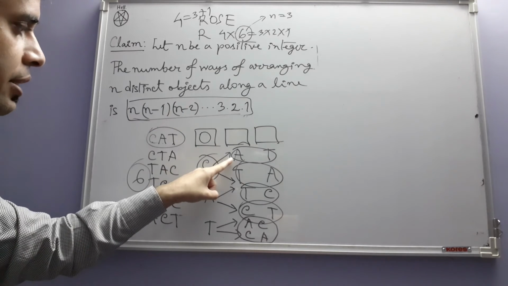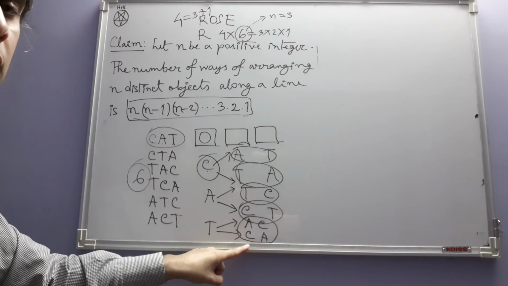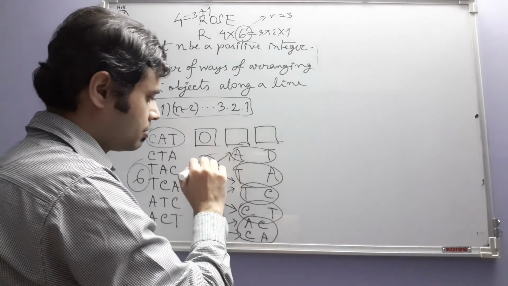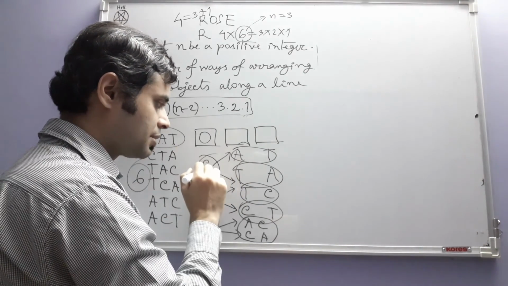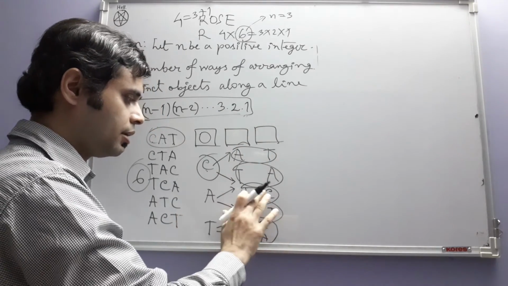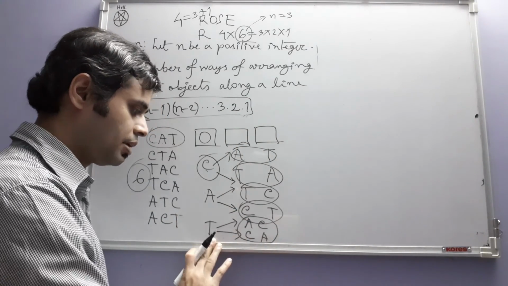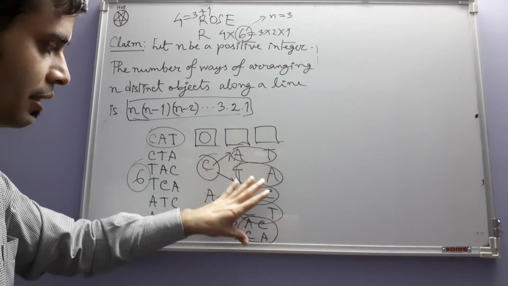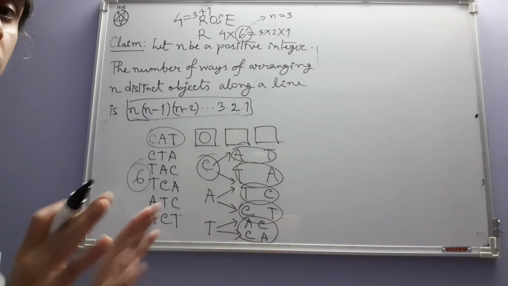Those two possibilities in each case are different. For example, when I have C here, I have A and T. When I have A here, I have T and C. When I have T here, I have A and C. But the different types of letters don't matter.